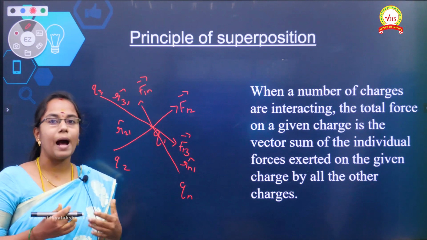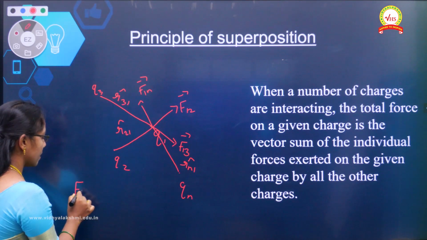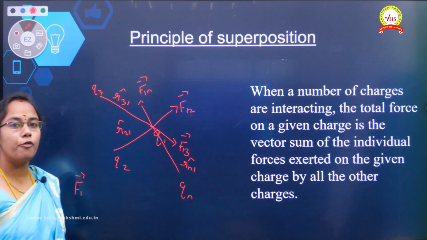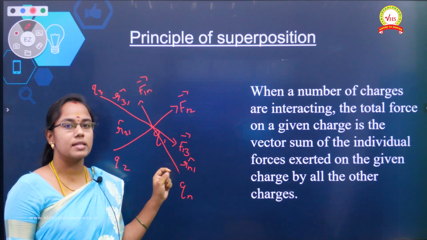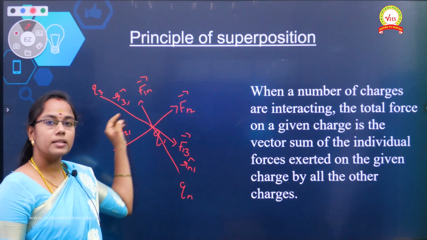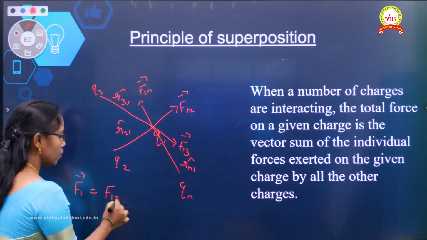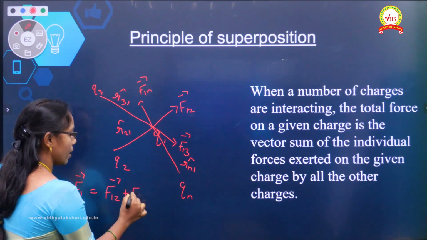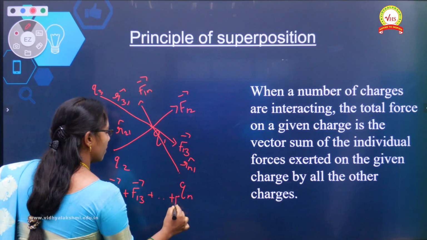Now what will be the total force exerted on charge Q1? For that you should add up all the individual forces. F1 represents the force on charge Q1. It will be the summation of all the forces exerted on charge Q1 by the different charges. So F1 can be written as F12 vector plus F13 vector plus until F1n vector.